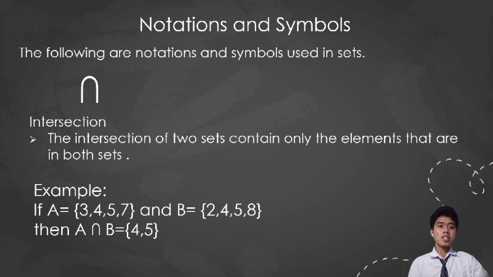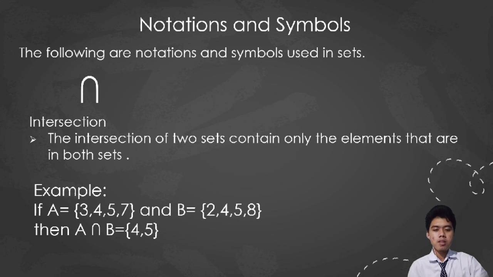Next one, yung kabaliktaran naman ng union is intersection. And yung symbol niya is baliktad na U. So, the intersection of two sets contains only the elements that are in both sets. So, pag intersection, kung ano yung meron sa set A and set B na pareho, yun yung intersection nila.